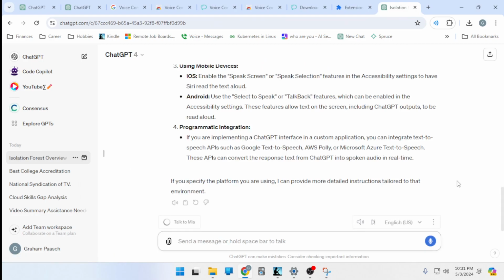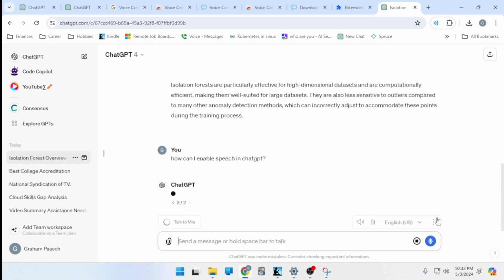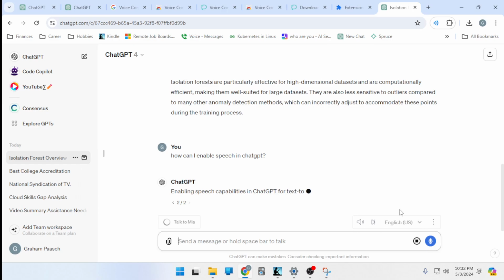Let's go back here and let's regenerate this, and hopefully it will say it out loud. I don't know where the settings are, but hopefully those will reveal themselves.